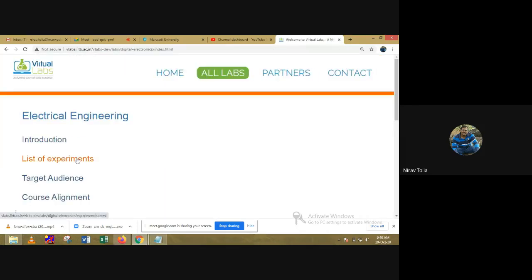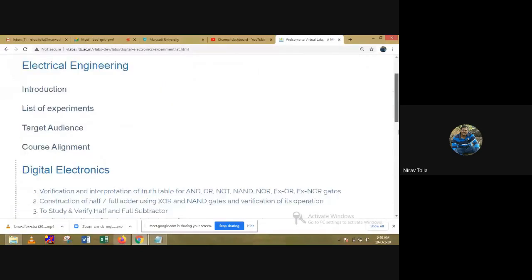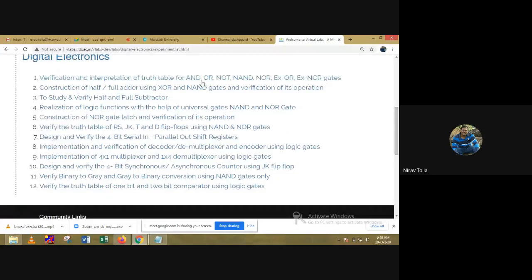Again we are performing the experiment on an online platform, a virtual lab designed by IIT Bombay, and these are the list of experiments.